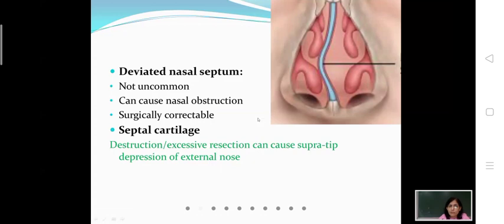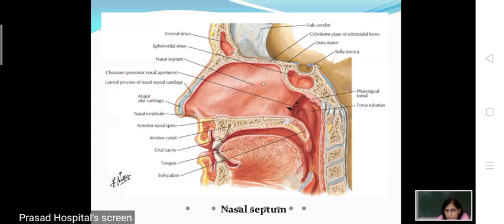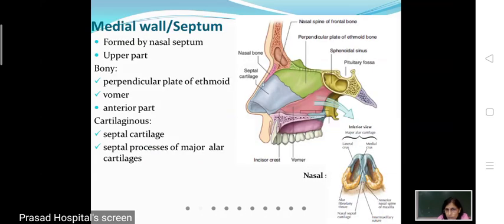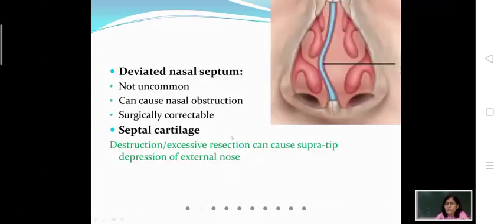One important thing about the septal cartilage present here in the nasal septum: its anterior-superior border forms the external nose. This septal cartilage supports the external nose. So if, due to some disease, injury, or surgery, there is excessive resection of the septal cartilage, what will happen?